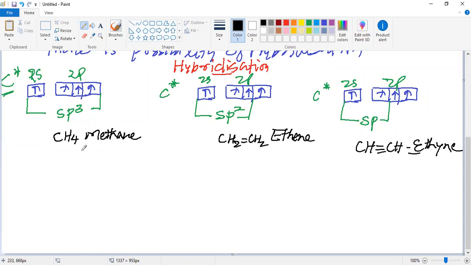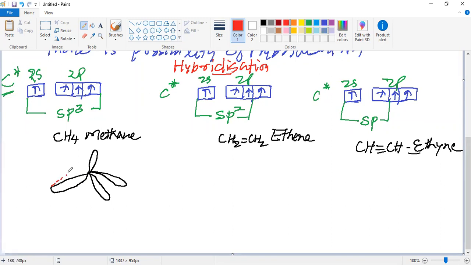What do we understand here? That methane has four equal sp3 hybrid orbitals, and thus we can have a tetrahedral shape.